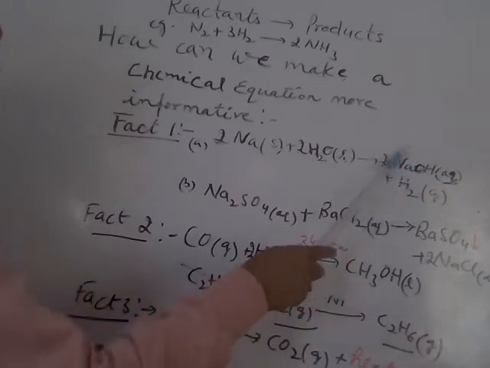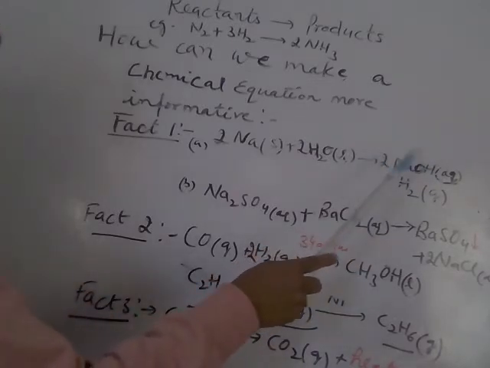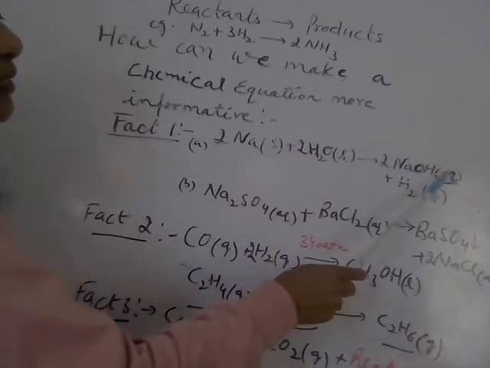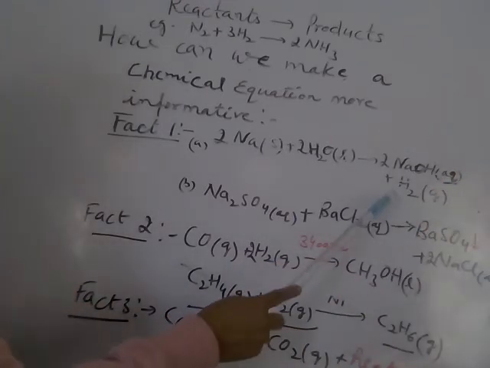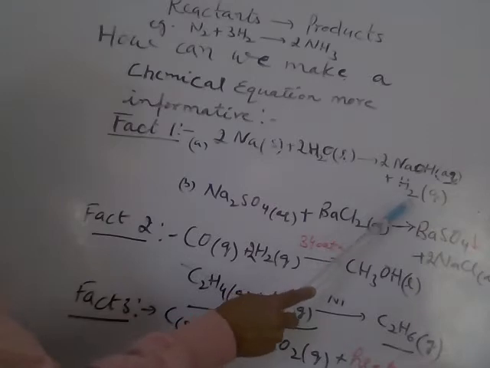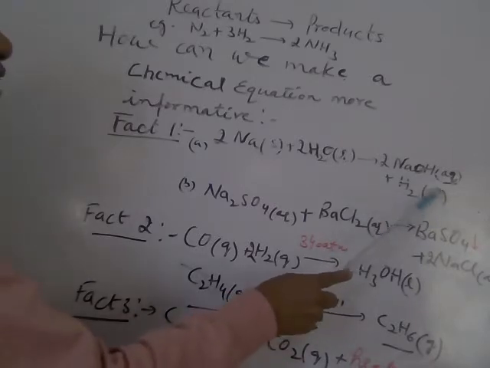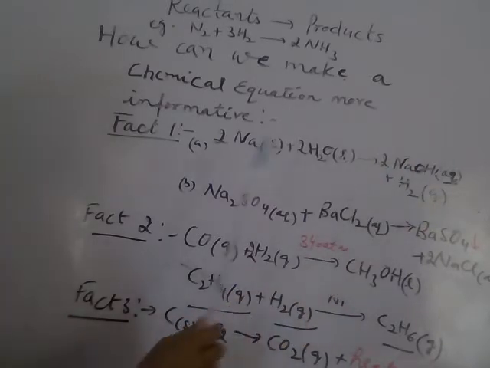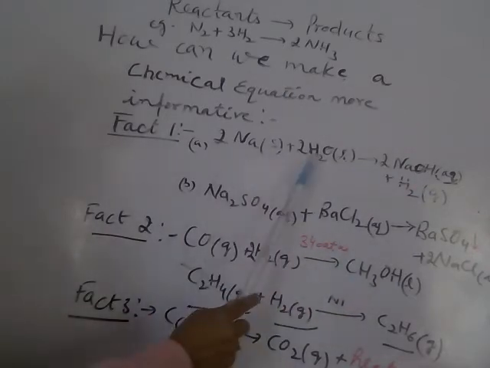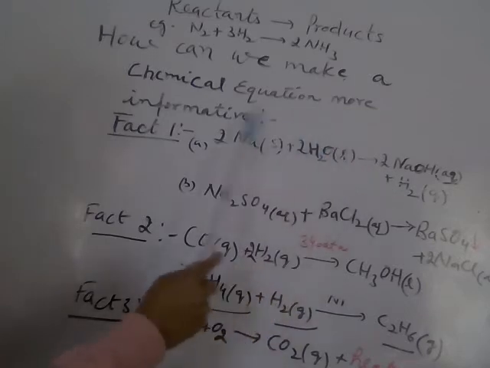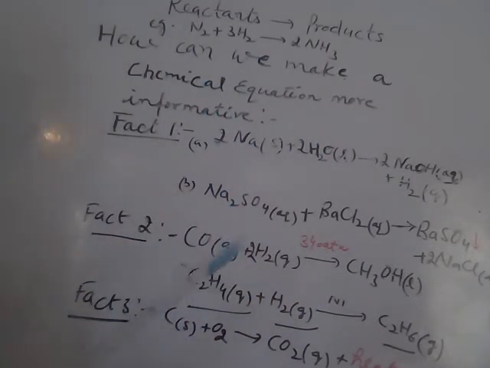Aqueous means it is surrounded by water molecules, so AQ for the aqueous along with sodium hydroxide. And the second product is hydrogen gas. For the gas, I have written G here. So we can mention the physical state along with each reactant and product to make it more informative.